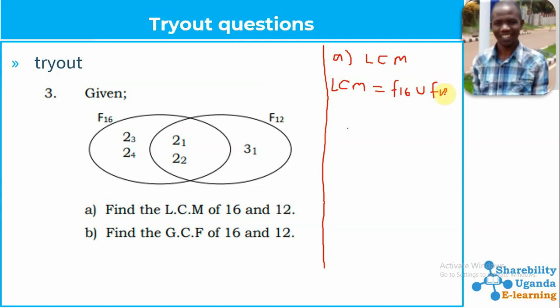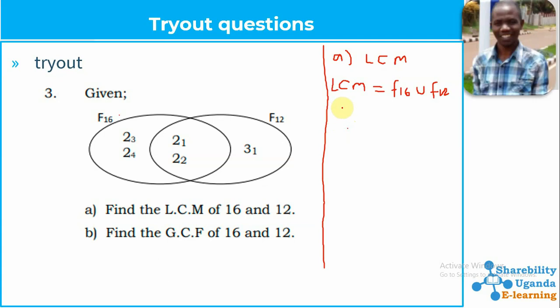For the lowest common multiple, we use this formula. We said a union of sets simply means we get all the members within the sets without repeating any.